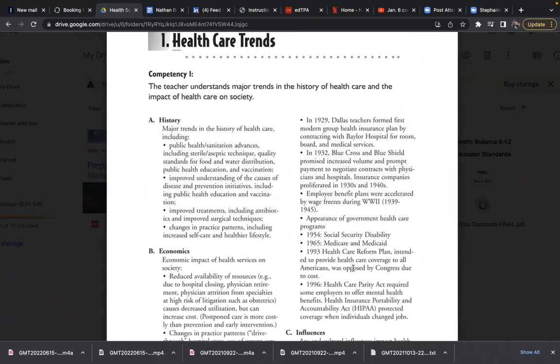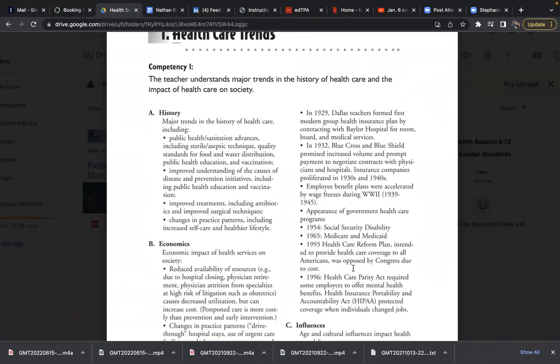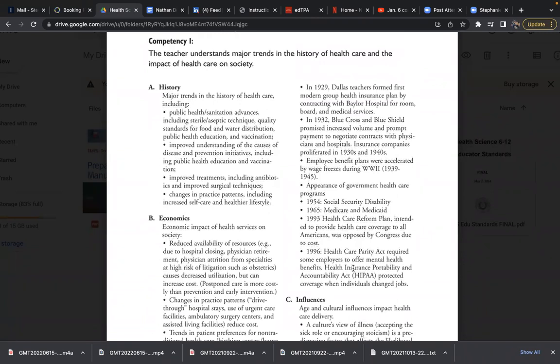So here you have Competency 1. Competency 1 is mostly over the major history trends in healthcare, and it talks about those major history trends. The invention of Social Security, Medicaid and Medicare was a huge change in our healthcare, with a huge boost to the number of people who were able to get care.